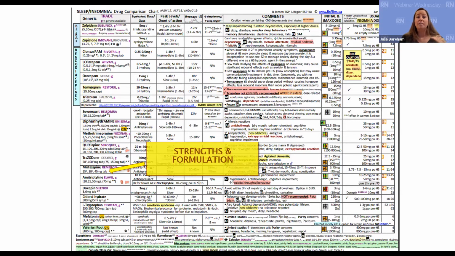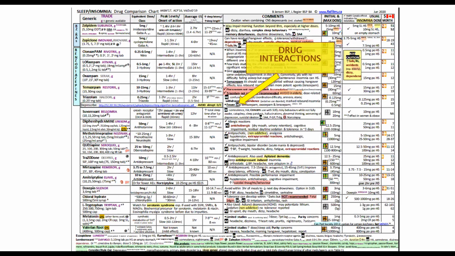You'll also see all the strengths and formulations available. So it turns out mirtazapine's available in a 15, 30, and 45. And if you really dig into our symbols, if it's got a little squiggly next to it, it actually means the tablet is scored and is easily split. Drug interactions, denoted by the DI abbreviation. What are the most common drug interactions to be aware of?